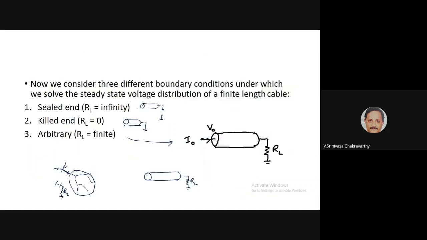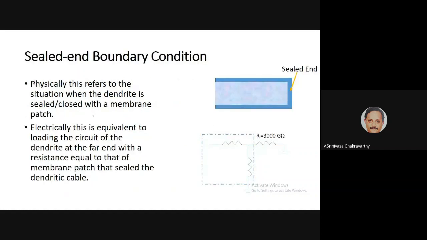So let's consider the first one, the sealed end boundary condition. It refers to a situation where the dendrite is sealed or closed with a membrane patch. If I take a long dendritic tree with lots of branches and look at the very tip of a dendrite, at this point it looks something like this.